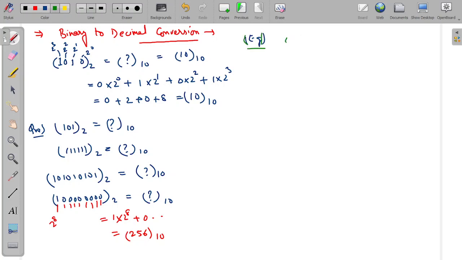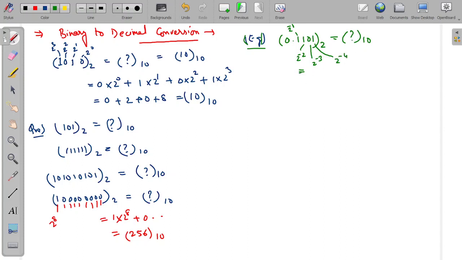So let's say 0.1101 in binary is what equal in decimal number system. In this, this is having a weight of 2 to the power minus 1, this is having a weight of 2 to the power minus 2, this is having a weight of 2 to the power minus 3, and this is having a weight of 2 to the power minus 4.